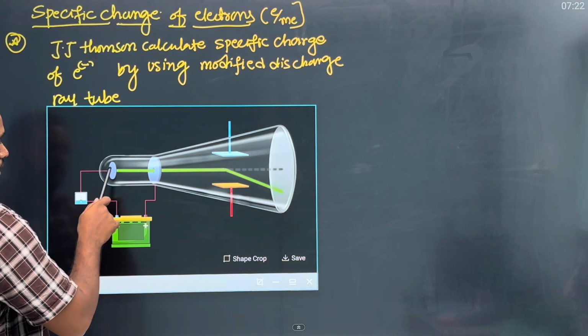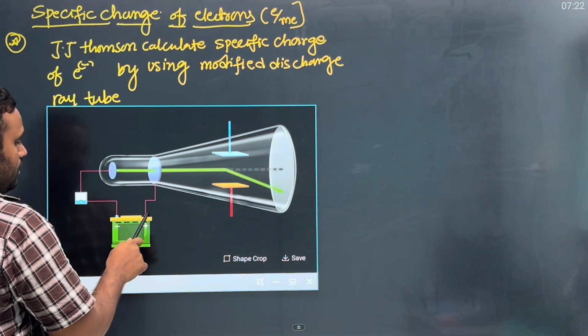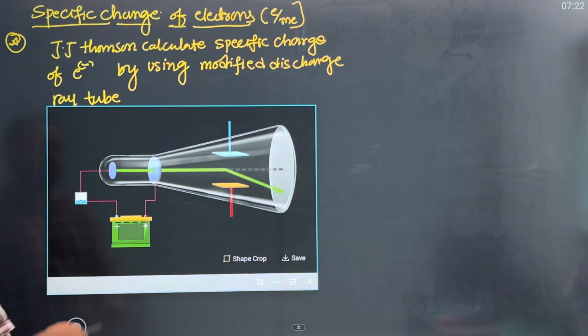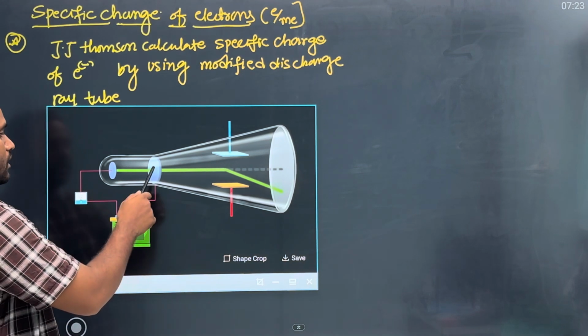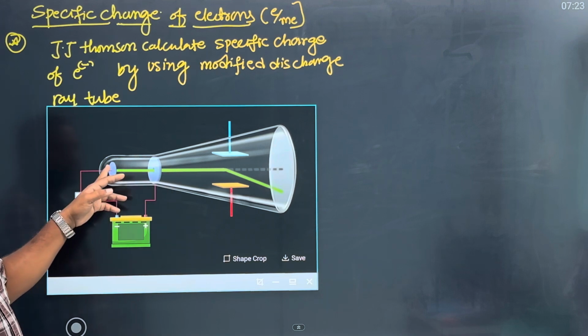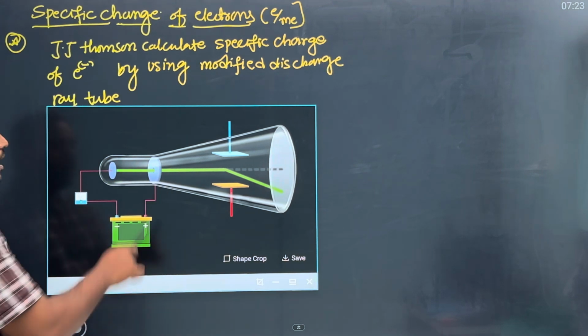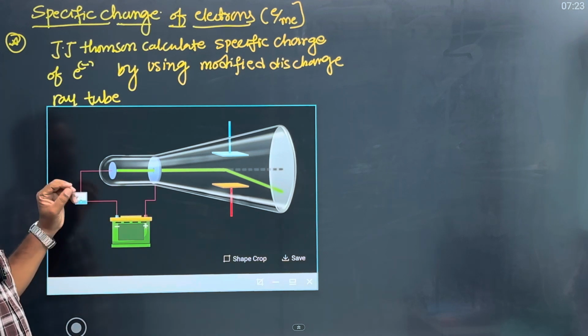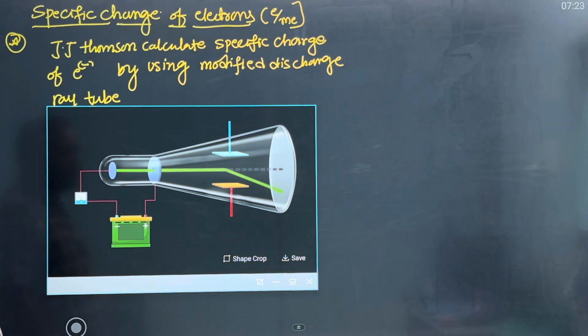Two electrodes are sealed in it. One is connected to positive, one is connected to negative. The one connected to negative is known as the cathode, and the one connected to positive is known as the anode. He made a small hole in the anode, and he performed this experiment.